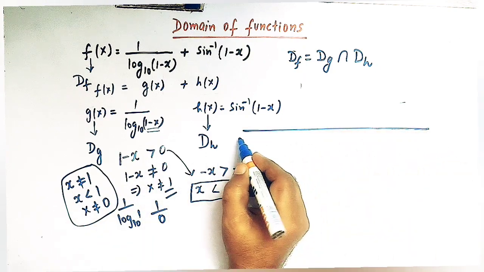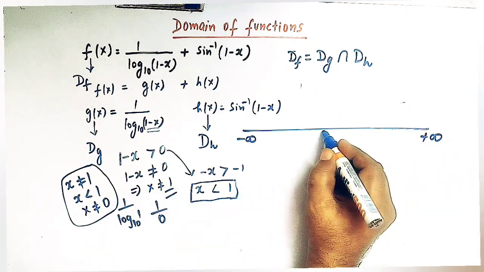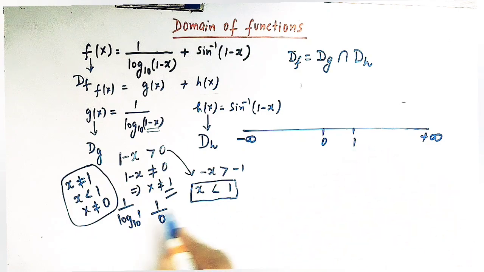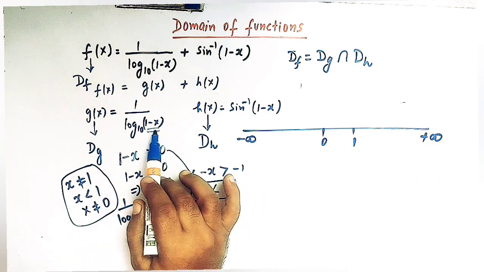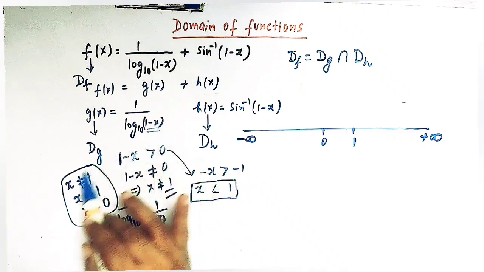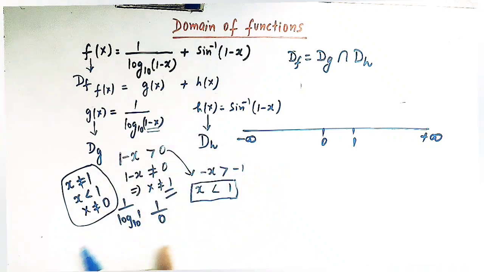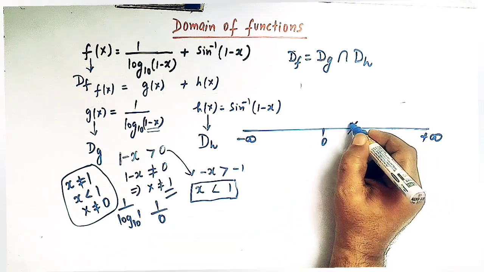Here we have the real number line, and we have 0 here and 1 here. We have just seen that x should not be equal to 1, right? Because when x is equal to 1, we have 1 minus 1, which is 0, and log of 0 is not defined. So we will not consider this 1.